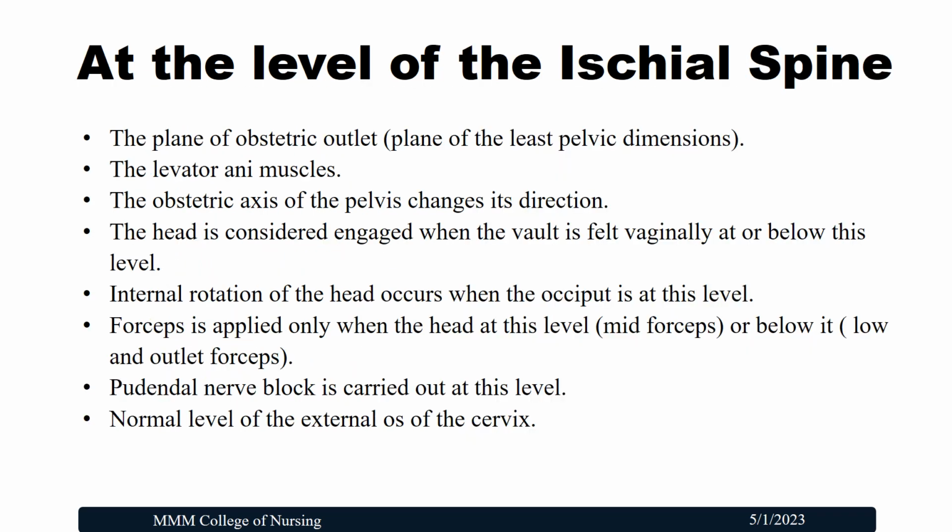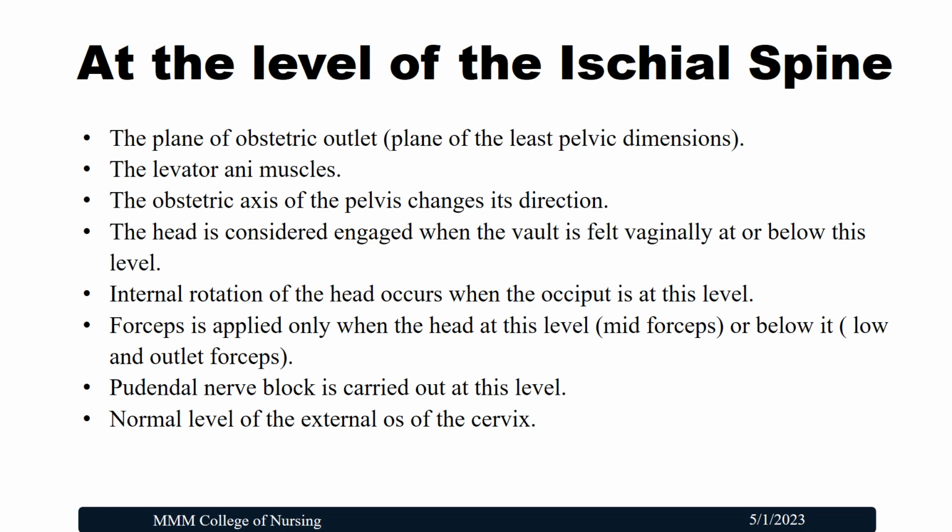Now at the level of the ischial spine, this is the plane of the obstetric outlet, the plane of the least pelvic dimension, where we can see the levator ani muscles. The obstetric axis of the pelvis changes its direction. The head is considered engaged when the vault is felt vaginally at or below this level. Internal rotation of the head occurs when the occiput is at this level.